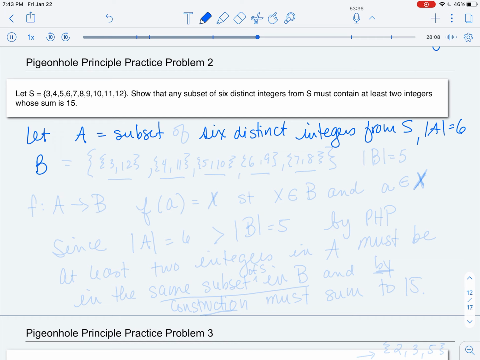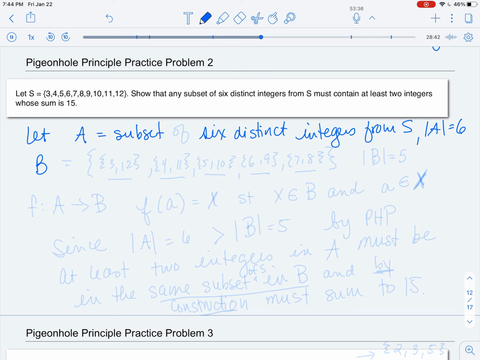Now, it's very tempting to want to control our pigeons. A very common error in applying the pigeonhole principle will be, well, if I take the first, say, 1, 2, 3, 4, 5, 6 numbers, and that's my set A, I know that it has to have a matching number.